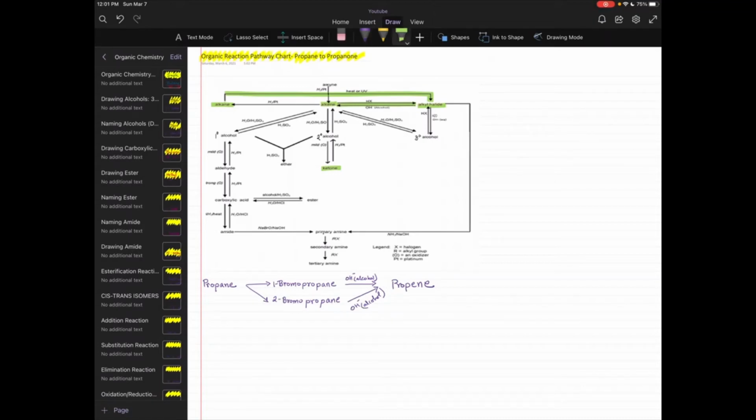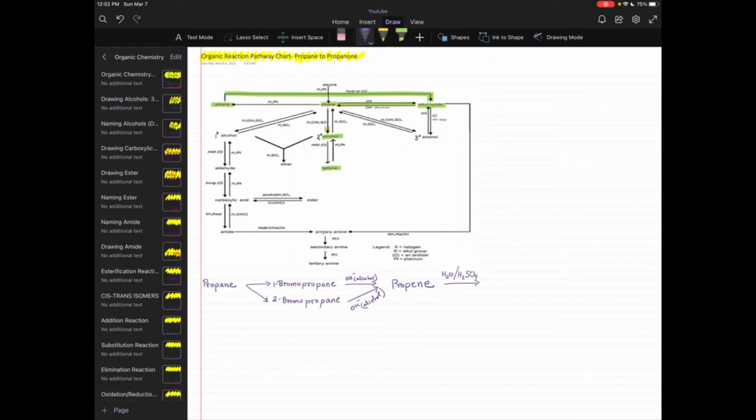Next step, to go down to the ketone, we will have to convert this alkene into an alcohol right here. This will happen with the addition of water in an acidic condition with H2SO4. So let's add H2O, H2SO4. Those are the conditions.